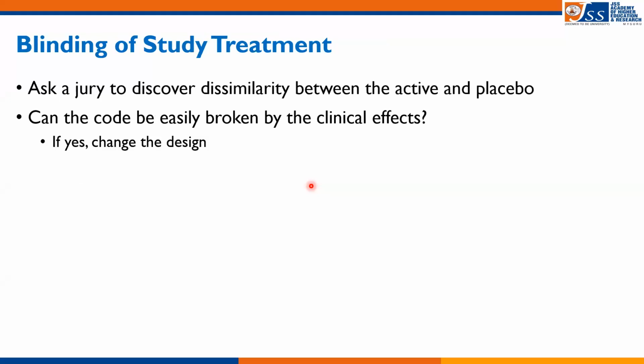The blinding of the study treatment: if I make 2 groups, placebo group and active group, both of them have to be given a similar looking treatment cover or a tablet or anything like it. If a person is able to identify which is active and which is placebo, that means the blinding is not properly made.